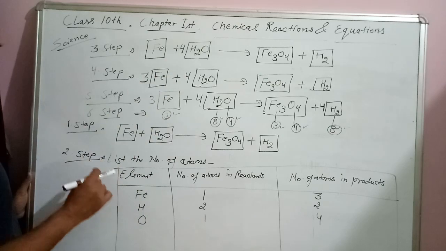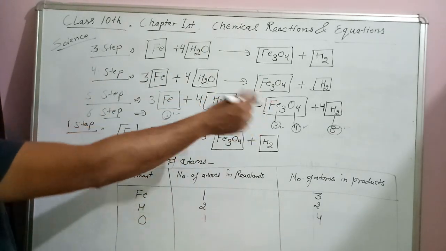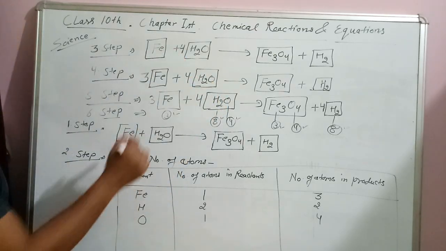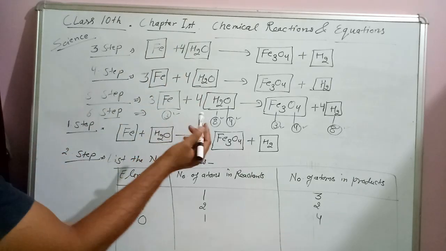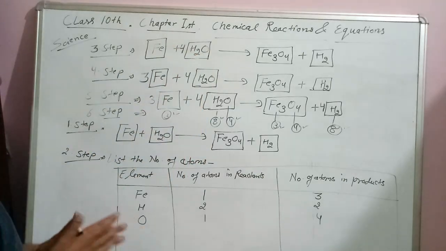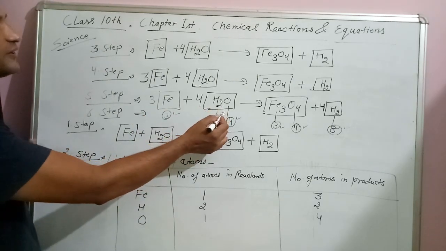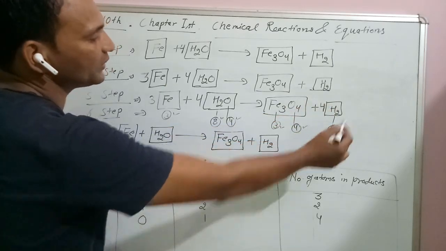After balancing the Fe, we then check the hydrogen. The number of hydrogens was disturbed during the balancing of the Fe and O. That balancing disturbed the number of hydrogen atoms, which became 8 in the reactants, and there were only 2 on the product side.